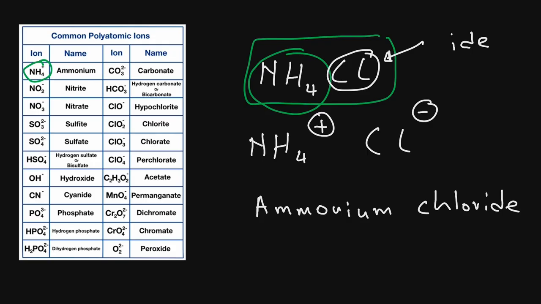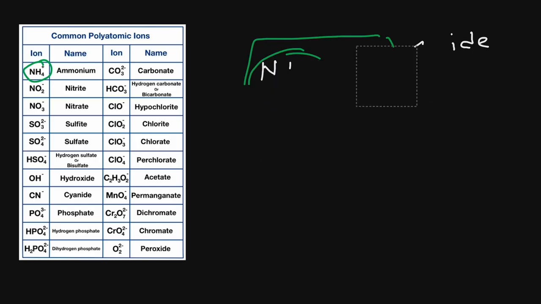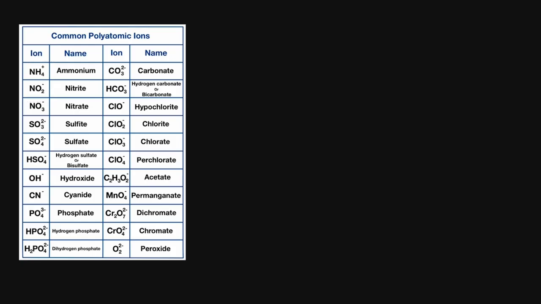Okay, so now let's look at one more example, and you can feel free to pause the video and try it. Let's say, for example, we have MgSO4. The first thing we're going to do is identify the polyatomic ion.